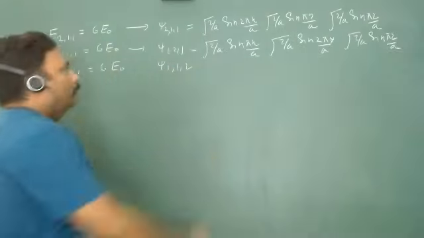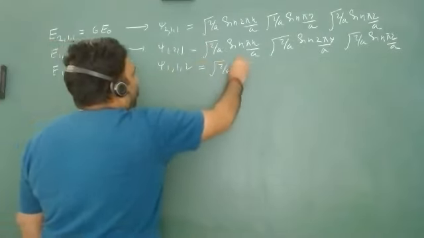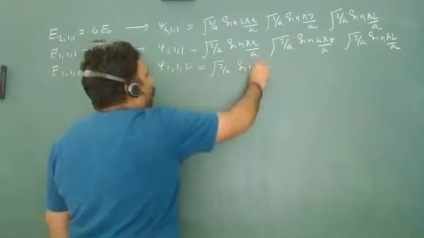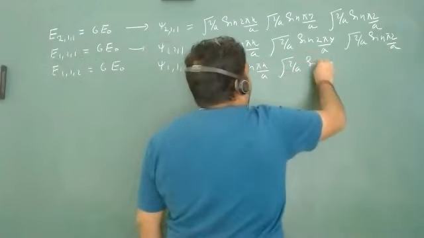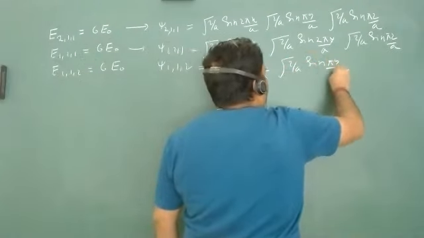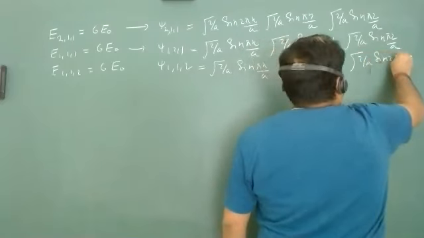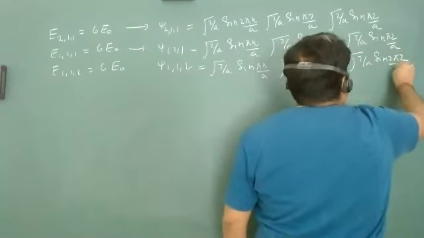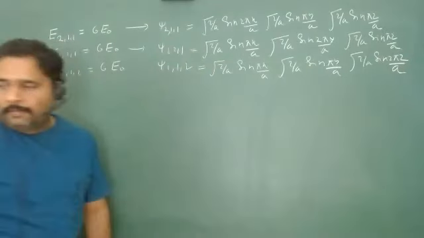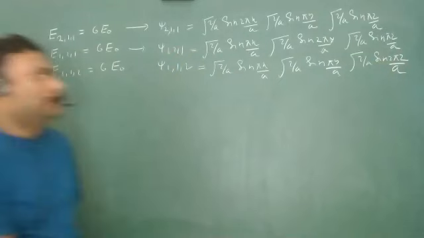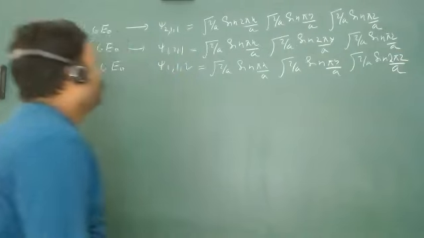And similarly, we have the third one: root 2 upon a sine pi x upon a, root 2 upon a sine pi y upon a, root 2 upon a sine 2 pi z upon a.